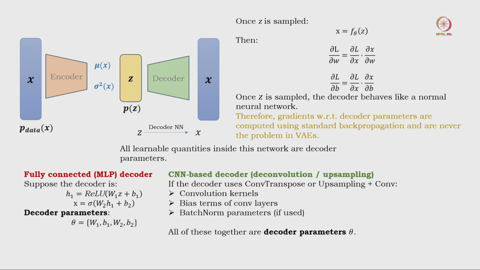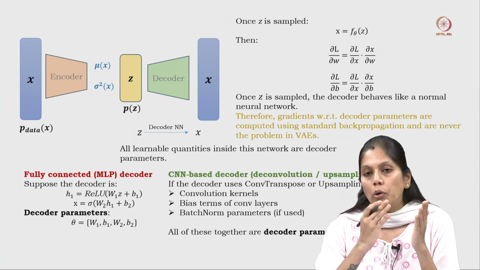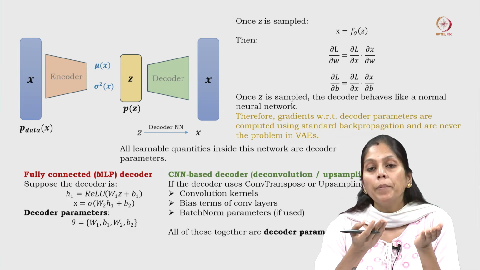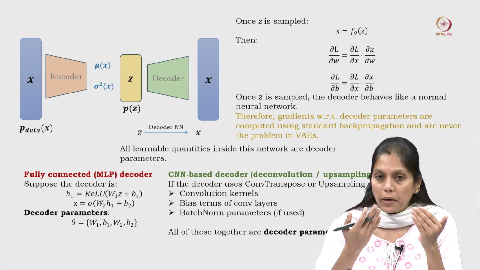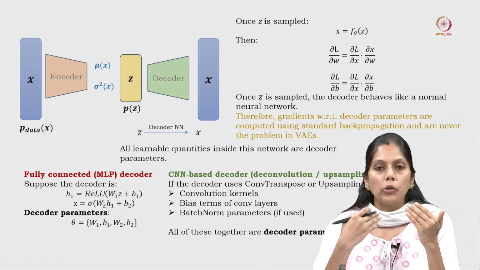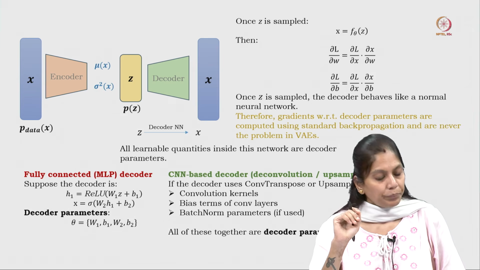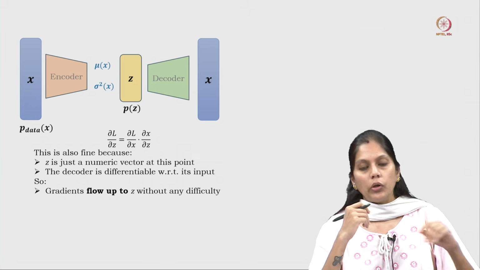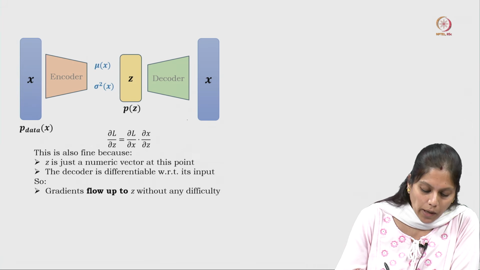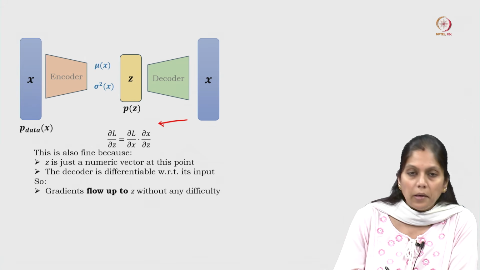So, once Z is sampled, the decoder behaves like a normal neural network. Based on what kind of neural network we are building, we are going to have learnable parameters accordingly, and we are going to compute the gradients. So, here there is no problem at all. Next, we have back propagated and completed this part.